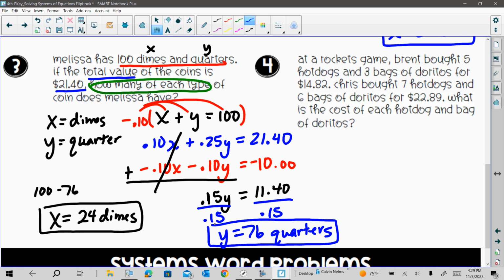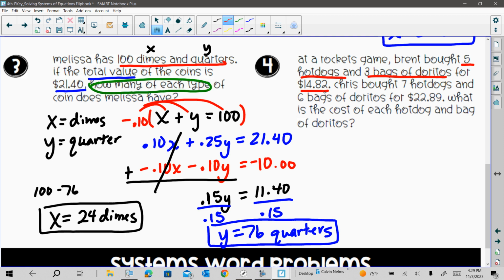Now, on 4, we're at a Rockets game. Brent bought 5 hot dogs and 3 bags of Doritos. So there's our 2 comparisons. It was a total cost of $14.82.